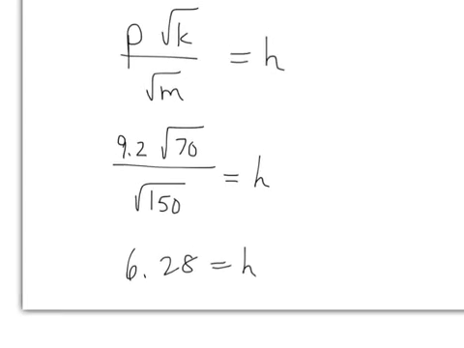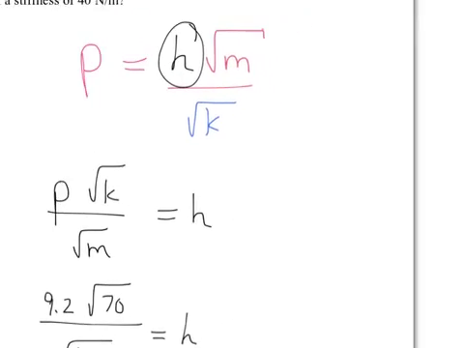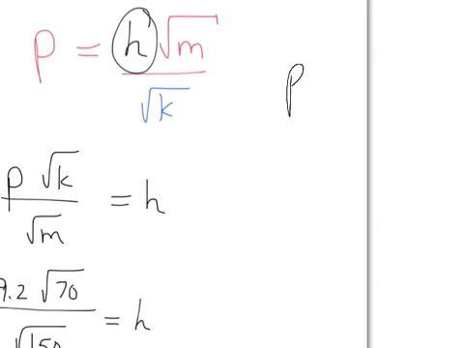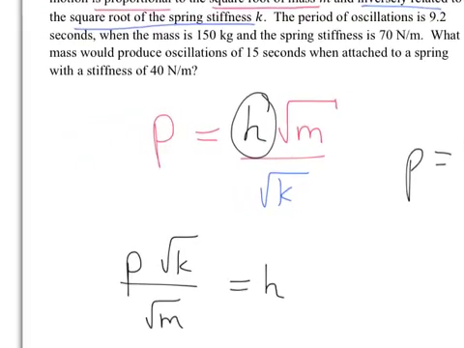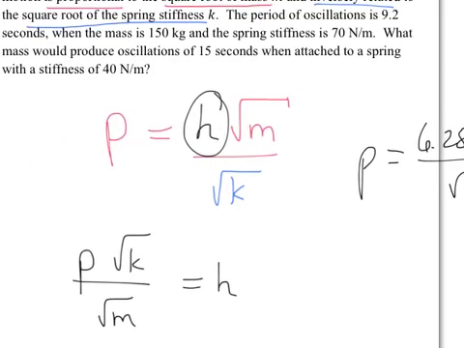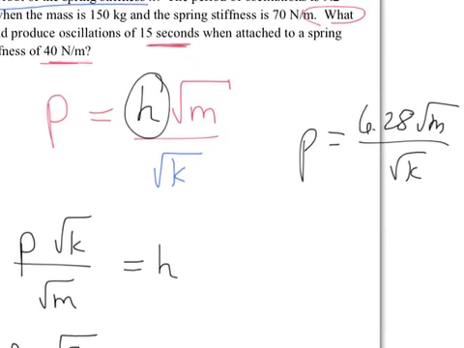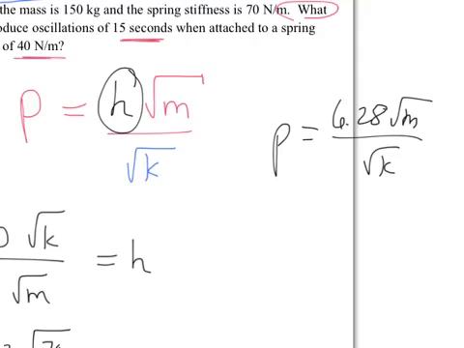All right, so we've got H. Let's rewrite this original equation at the top, but with 6.28 in for H. There's our equation now. And the problem says, what mass would produce 15-second oscillations with a spring of 40?